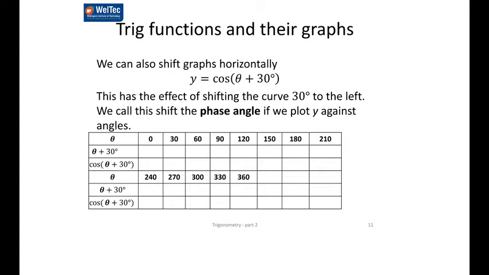Think about what would happen if we shifted this curve. If we looked at y equals cos of theta plus 30, what we need to do is find theta plus 30 and then find the cosine of each of it. What we actually find is that it's shifted the cos curve to the left. So there's our cos curve, and by adding 30 it shifts it a little bit to the left.